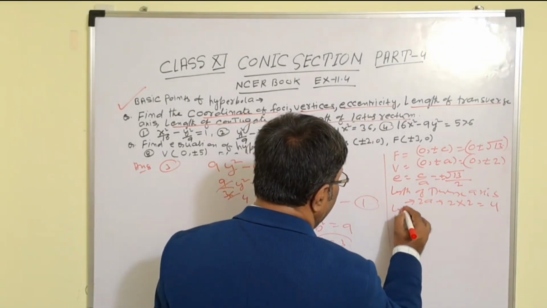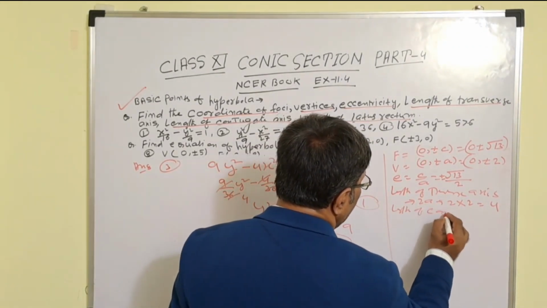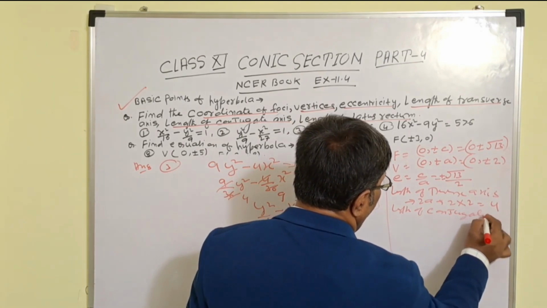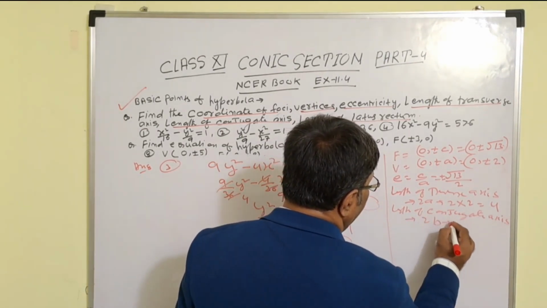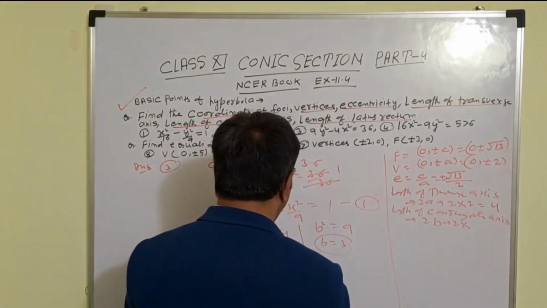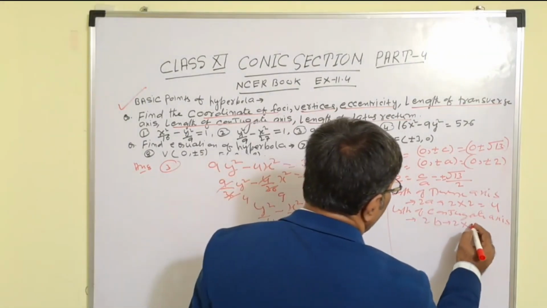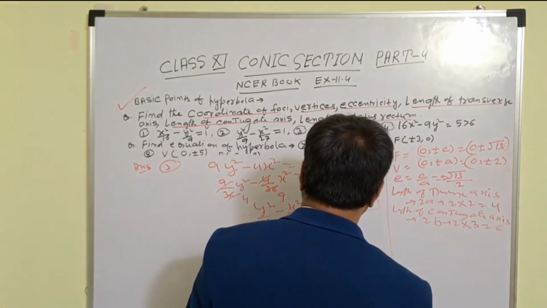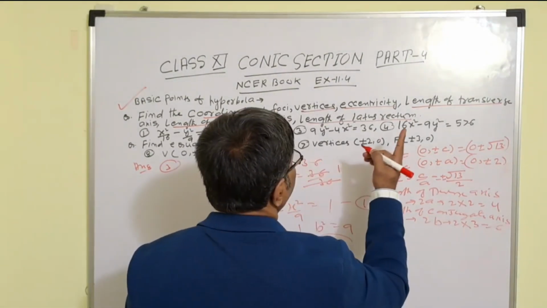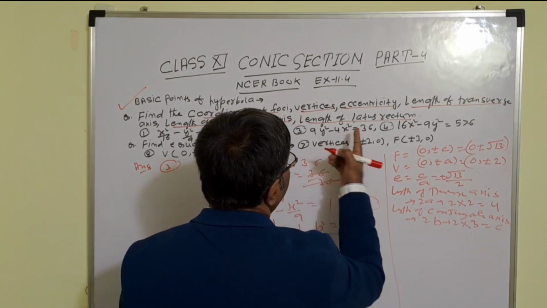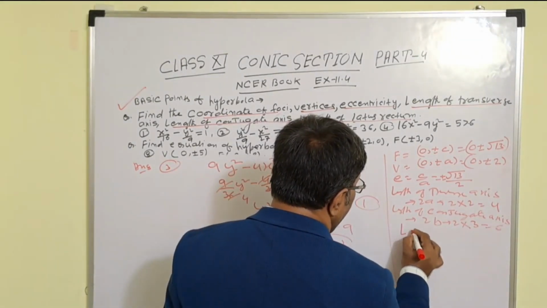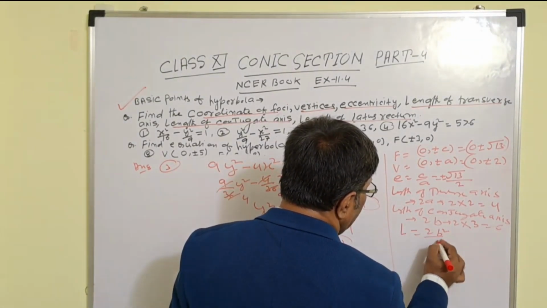Again we have to find the length of the conjugate axis, which is 2b. B is given 3, so 2 into 3, 6. Now we have to find the length of the latus rectum. L equals 2b square by a.